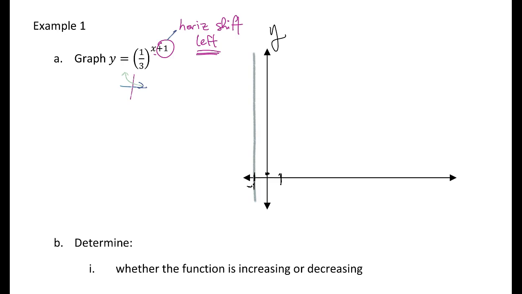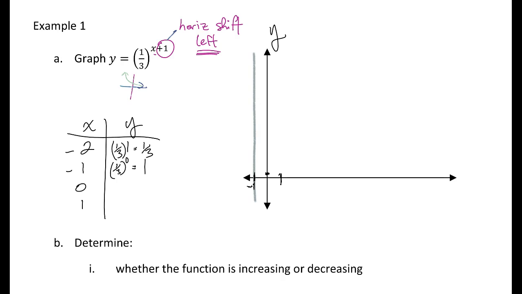So if you want to make a table of values, you totally can do that. There's nothing wrong with that. But I'm going to go to negative 2, negative 1, 0, and 1. So when I plug this in, negative 2 plus 1 is just negative 1. So it's 1/3 to the power of negative 1, which equals 3. Here, it's going to be the power of 0, so that's 1.